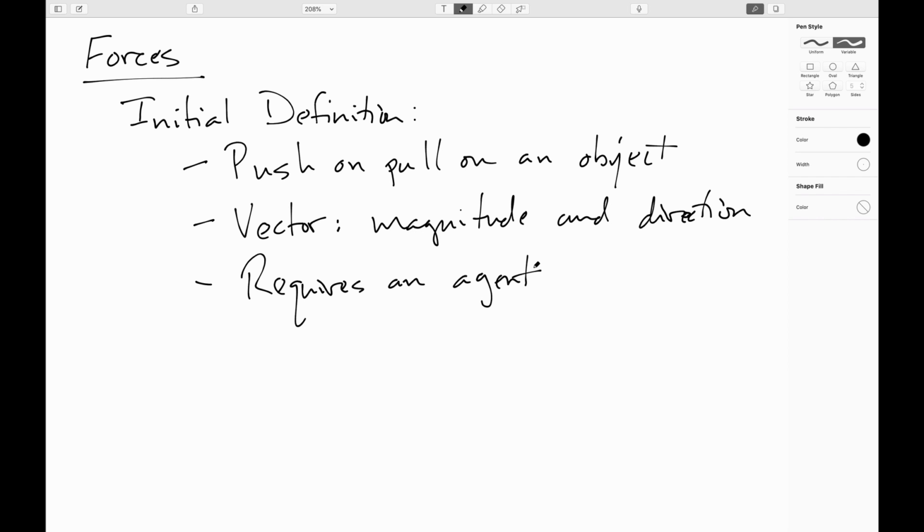Now, what might be a little less obvious is that we can very roughly break forces up into long-range forces and contact forces. So long-range forces are forces whose influence goes out as far as you would like, out to infinity.